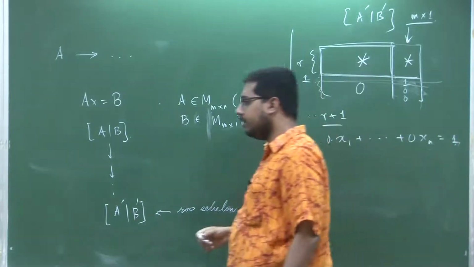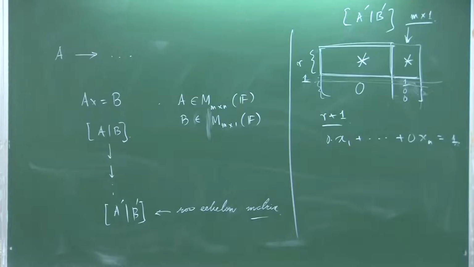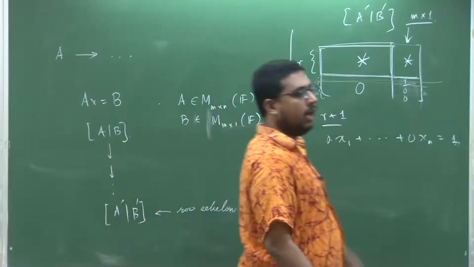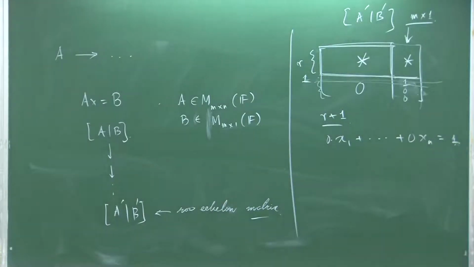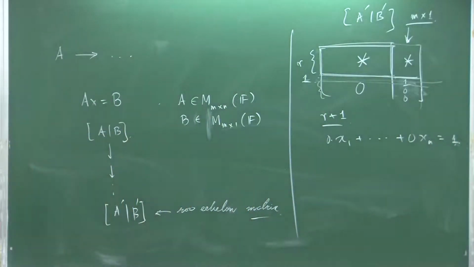So, what you get is, suppose after reducing the augmented matrix of the given system to a row echelon matrix, the last column contains a pivot, then it cannot have a solution. Speaking contrapositively, if the system indeed has a solution, then the last column cannot contain a pivot.